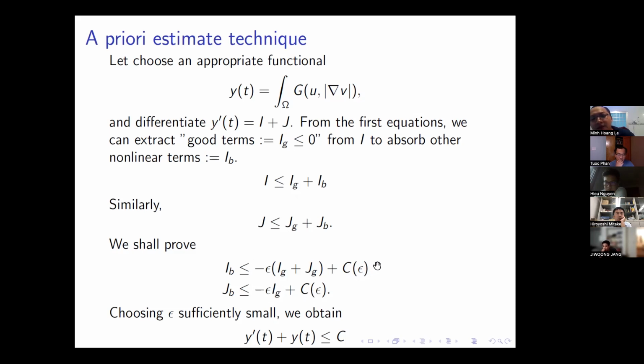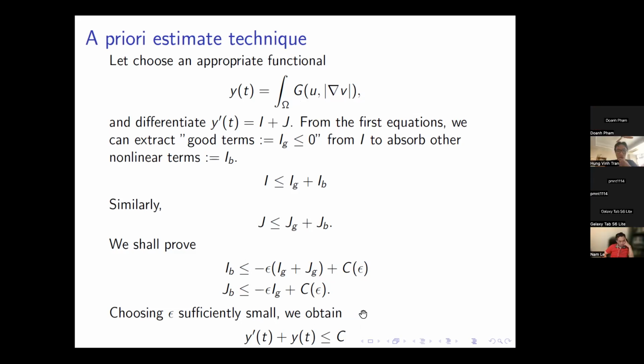But the first estimate is the most difficult one. So how do we find an appropriate function G, and how do we derive these estimates? Once we find these, we have the following inequality, and we just use Gronwall nicely to obtain the L infinity bound for y. That is essentially the idea.